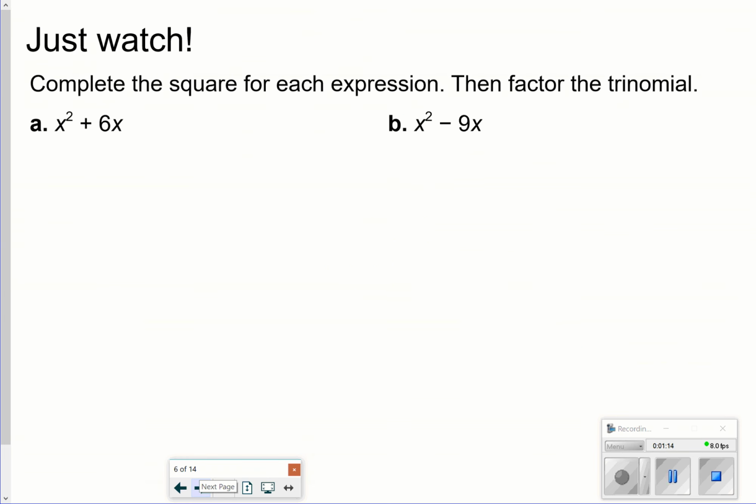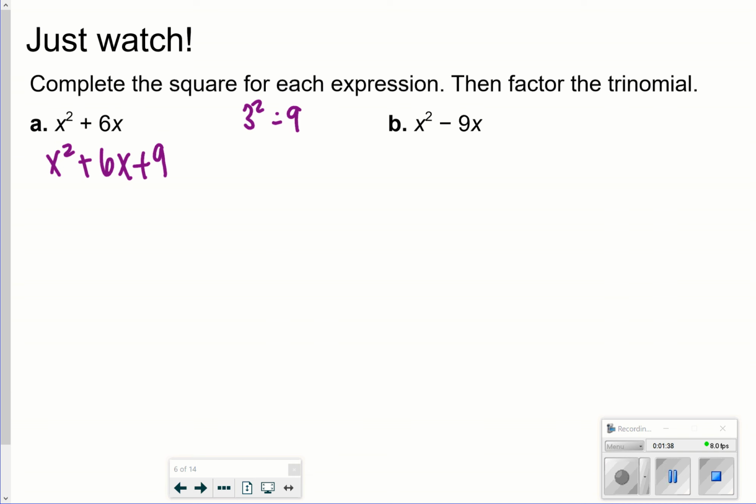So for the first 2, we're going to look at just how we exactly do this. The first step in your note said find 1/2 of b, and so half of b is 3, and what we do is we just square 3 to make it 9. Step 2, we add that result back to this, so we'll get x squared plus 6x plus 9.